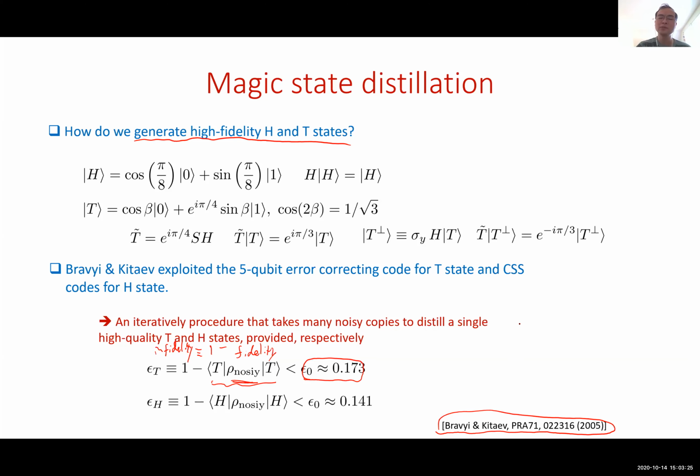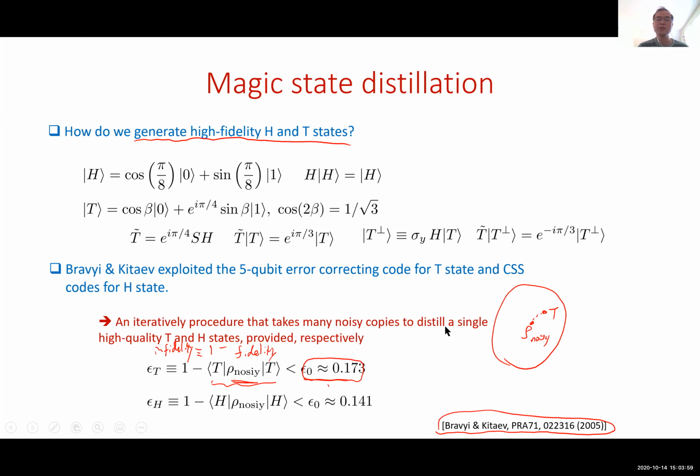meaning that this T state here, and if you have some noisy state that is not very far, close enough, then this rho is useful and can be used to distill a single high quality T state. And you need many copies of the noisy state.